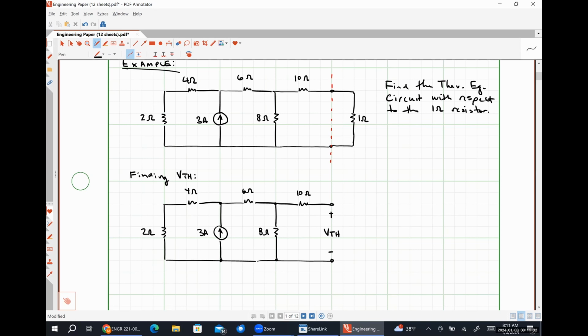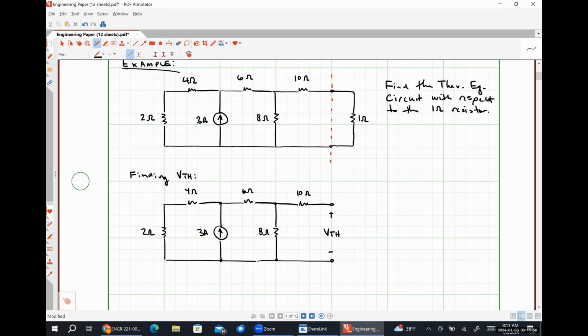So I heard source transformation, and I would argue that there isn't a source transformation that can be done, at least not without doing some simplification, right? In order for us to do a source transformation, our 3 amp current source would have to be in parallel with a resistance. At present, it is not in parallel with any resistance.